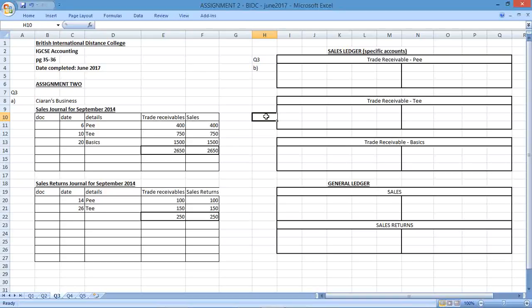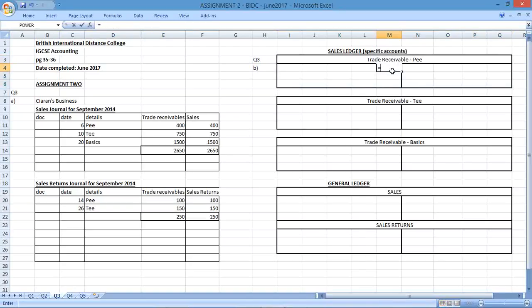We now need to take the information that we've got in the question and we need to pull it through to the correct ledger account. So if I'm focusing on trade receivables for P, P bought once and they returned once. So in trade receivable P, in their ledger account, a sale will increase the receivable.